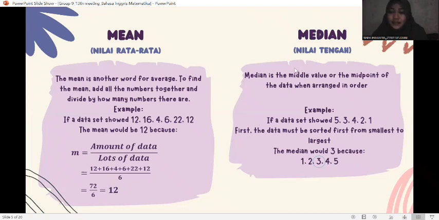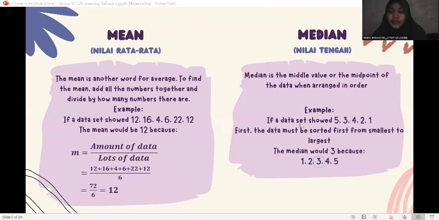Next, median. Median or nilai tengah. Median is the middle value or the midpoint of the data when arranged in order.